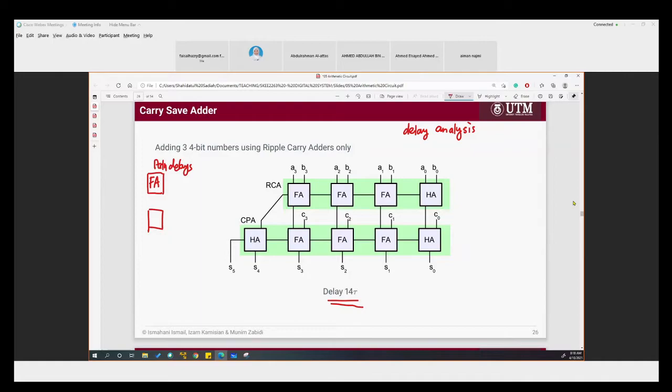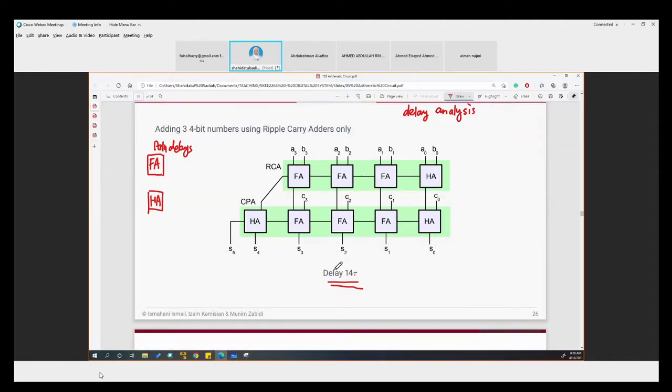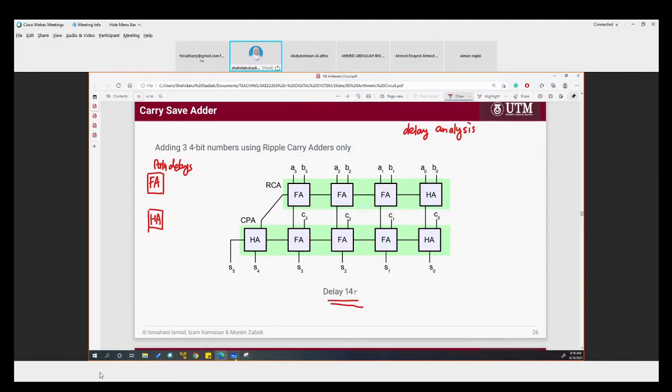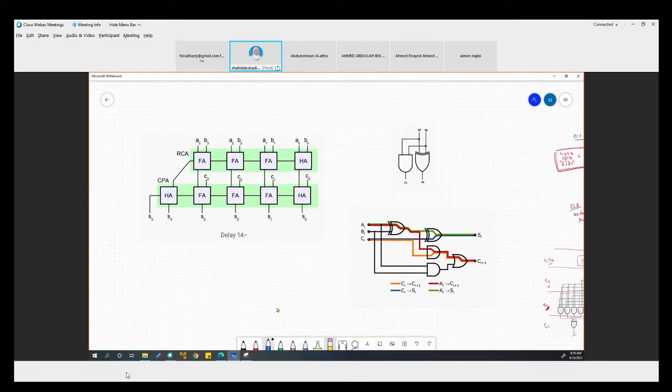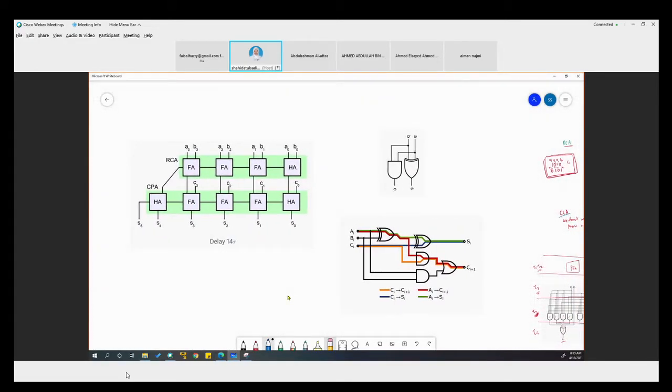And also the half adder. Okay. Since we already learned the circuit of full adder and half adder, we can just calculate all the possible path delay. I'm sharing you my whiteboard here.